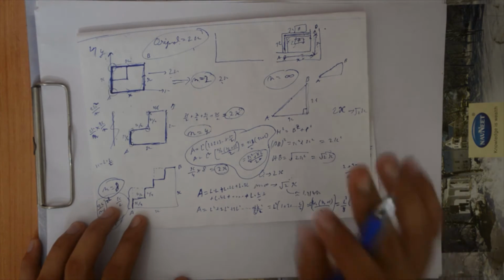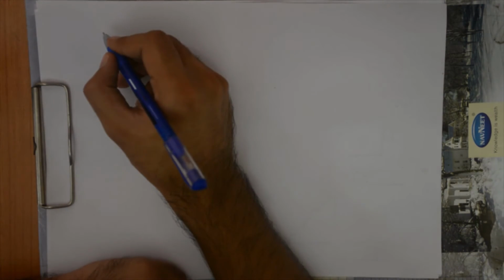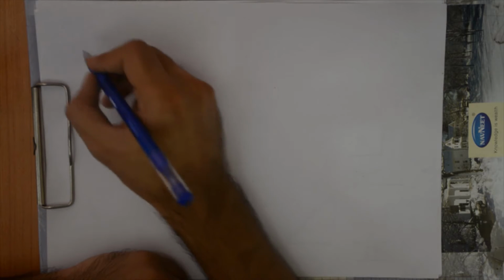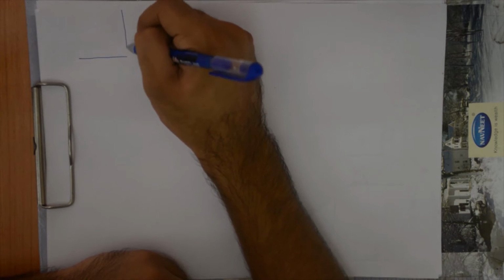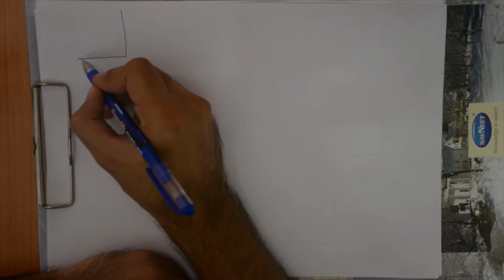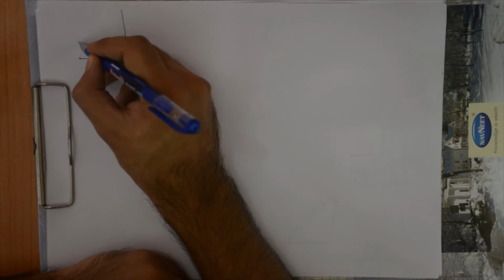Okay, so let me explain the paradox once again. Let's keep it aside and start from here. I'll redraw the diagram, just wait for a second. It's something like this. Let me just draw a dotted line here.